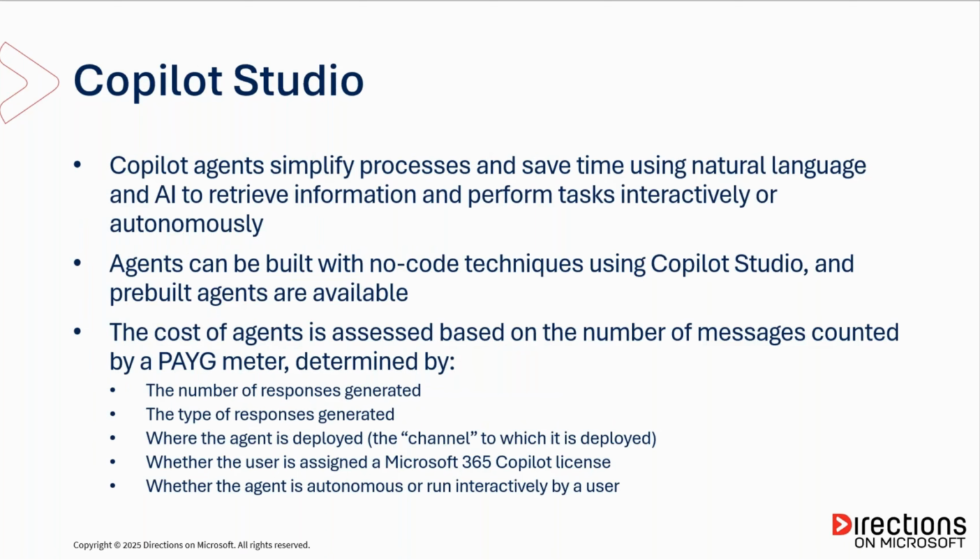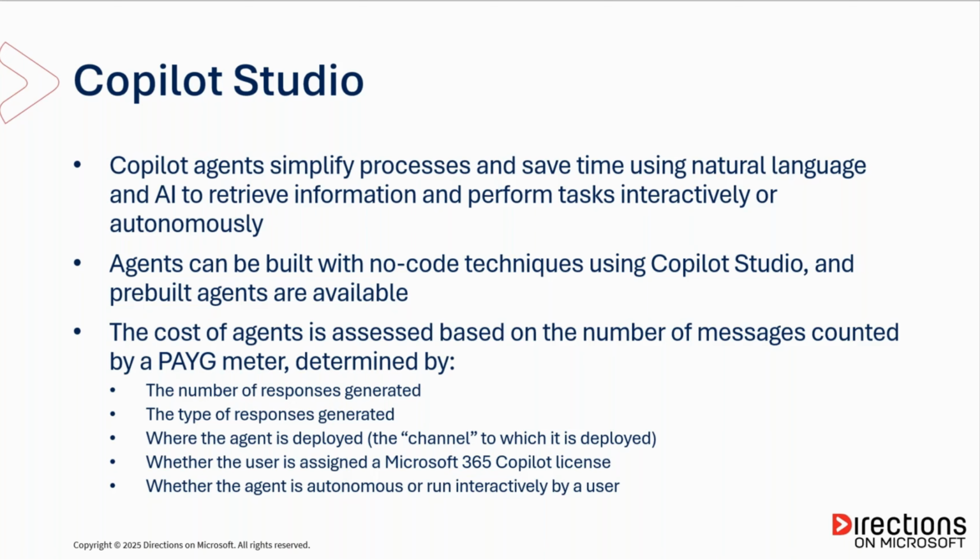Okay, Copilot Studio. Now we get into the really modern stuff. Copilot Studio is the evolution of the former Power Virtual Agents component of Power Platform, just called Copilot Studio now. So Microsoft is emphasizing an agentic approach to its AI-based assistance, where agents can extend Microsoft 365 Copilot and be made available in other so-called channels such as Teams, SharePoint, and web apps.